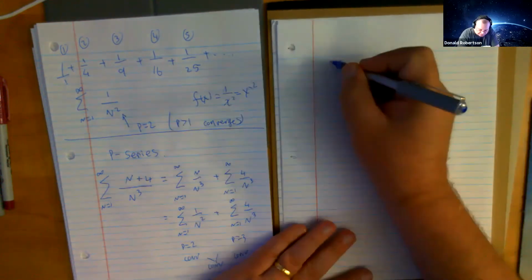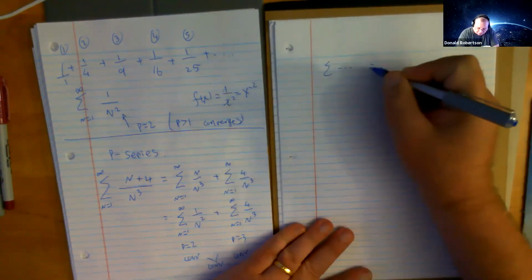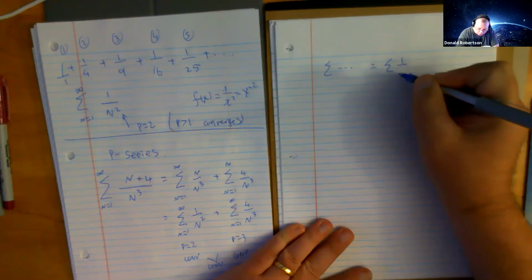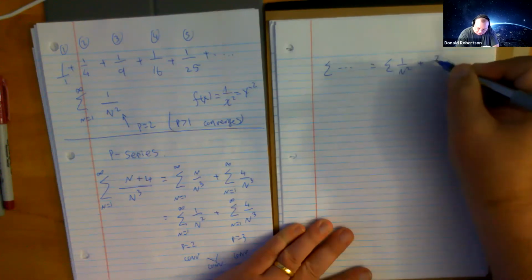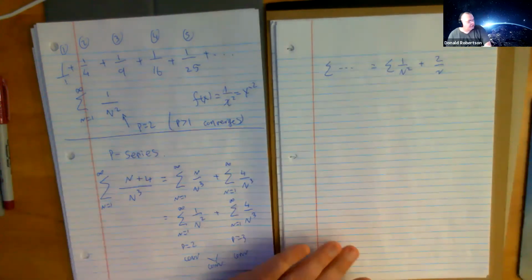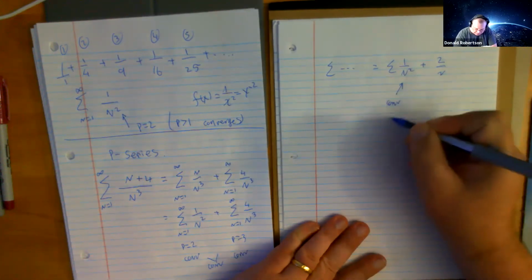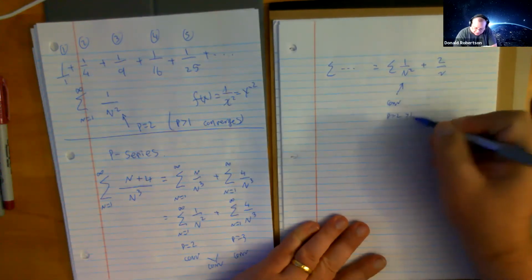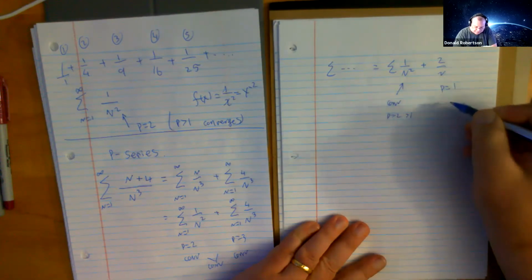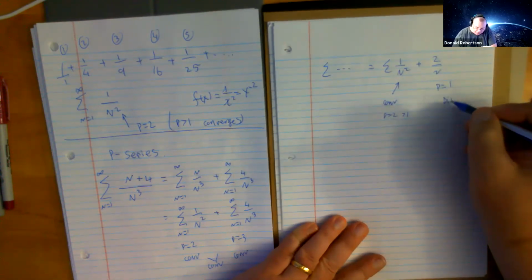Suppose I did the same to some other series and it broke down into 1 over n squared plus 2 over n, right? Just for argument's sake. This guy would converge, because P equals 2 and 2 is bigger than 1. Oh, that guy doesn't. That diverges.